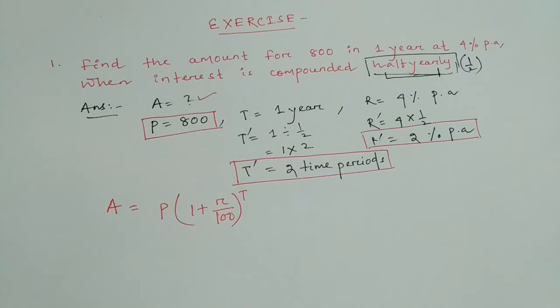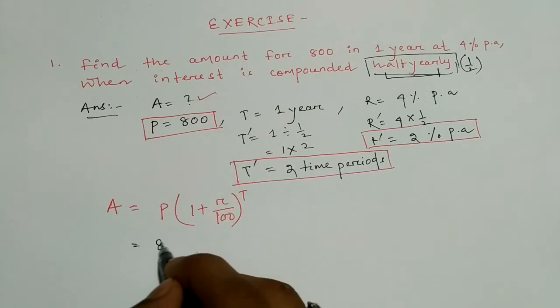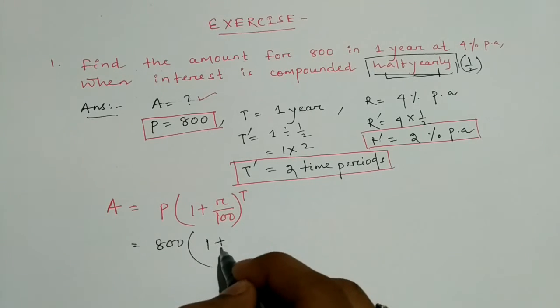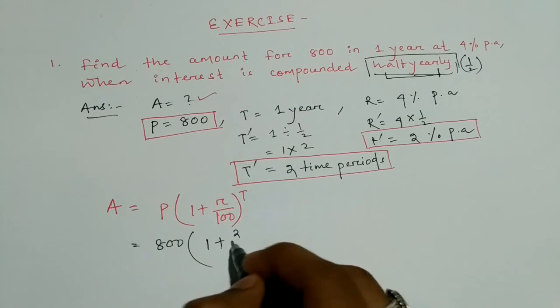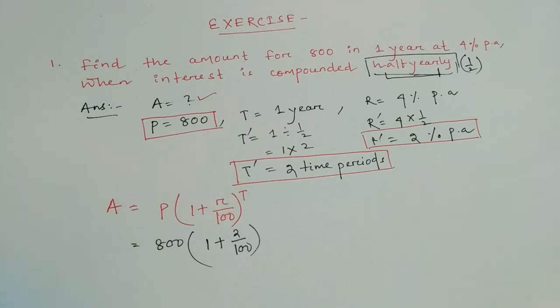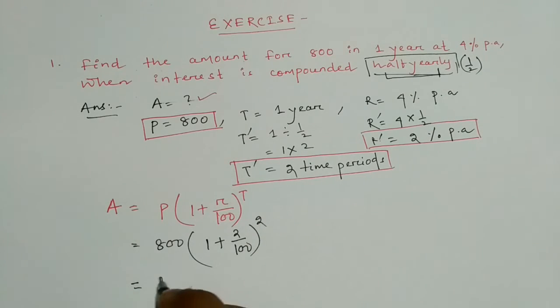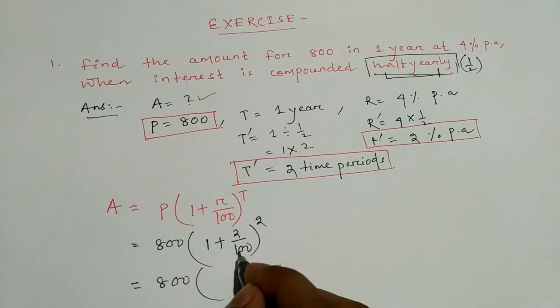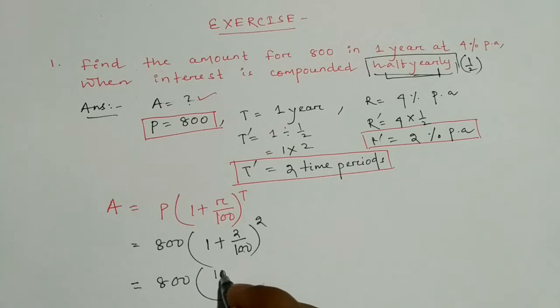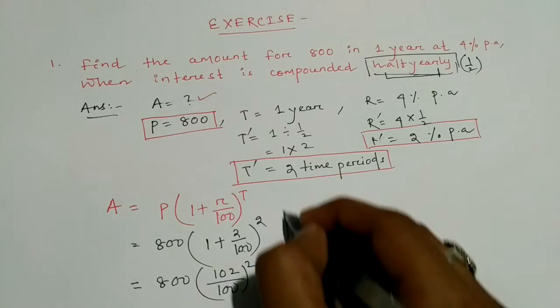So P is given 800, times 1 plus R, 2 by 100, to the power T. T is 2 time periods. So it will be 800 times 102 divided by 100.